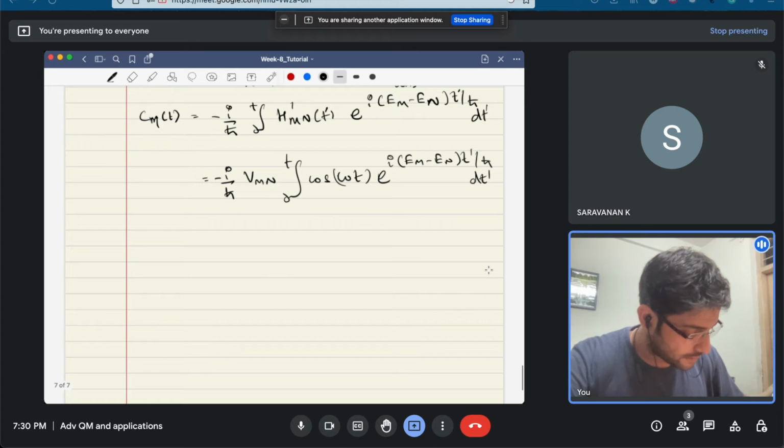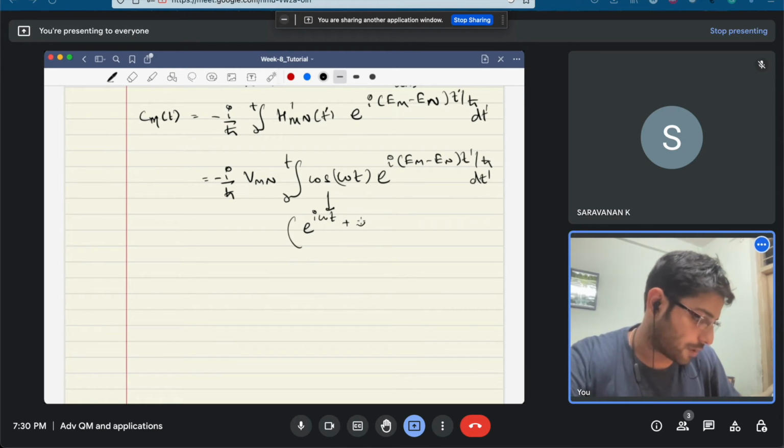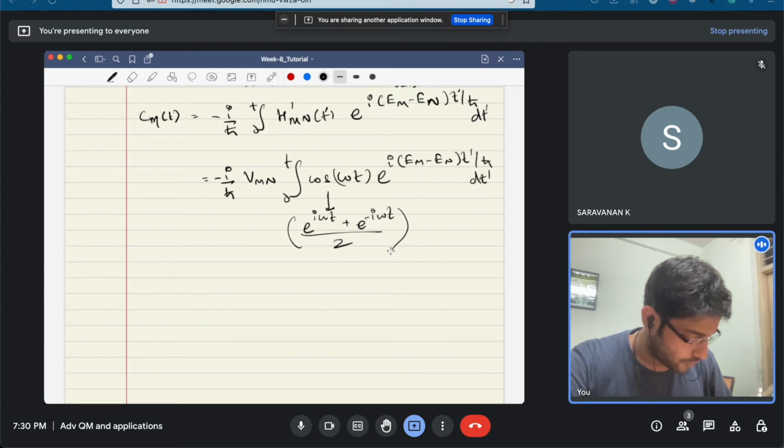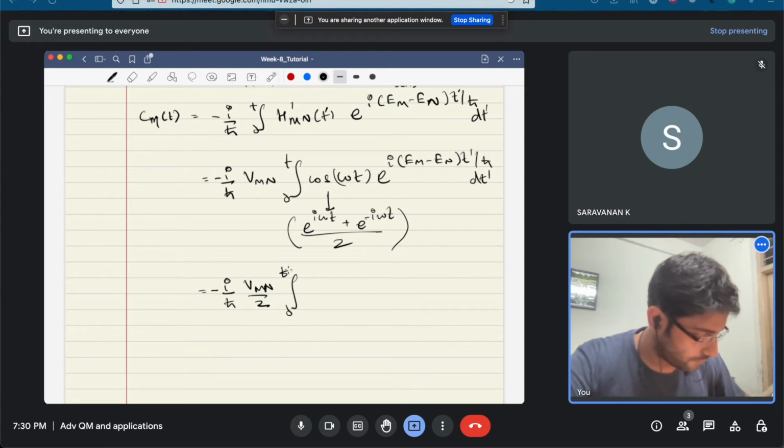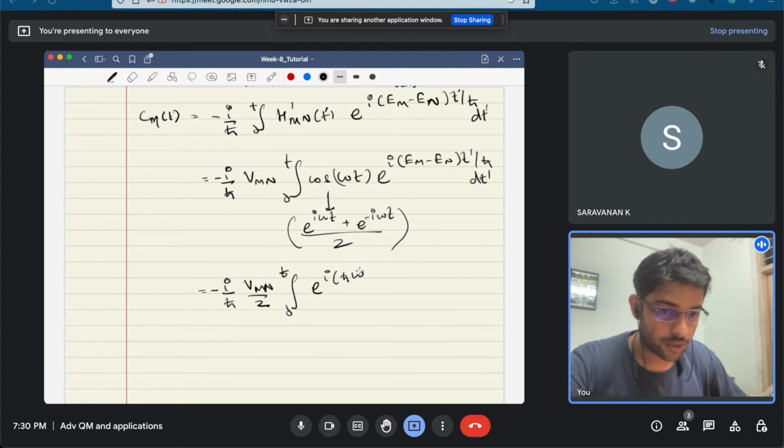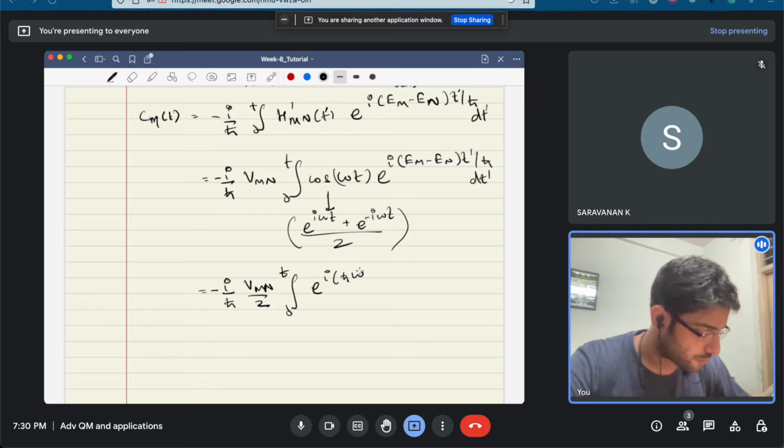Now we can open this term as e to the power i omega t plus e to the power minus i omega t, by 2. So let's do that. Vmn by 2 h bar. I'll straightforwardly multiply the terms as well. There is a denominator h bar, so we multiply that h bar to omega.